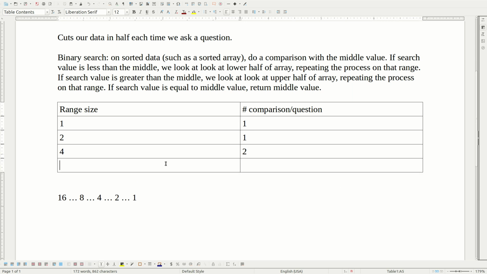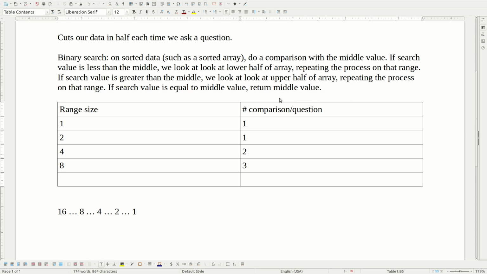So now we can see that for 8, it would take 1, 2, 3 comparisons. And for 16, it would take only 4. And in fact, we can get very large numbers and still have very few steps that we need to do for them.